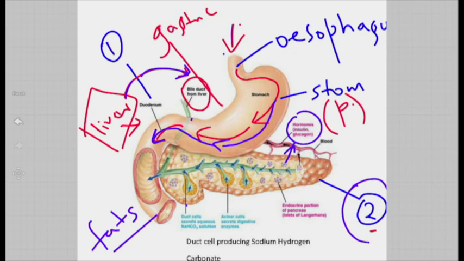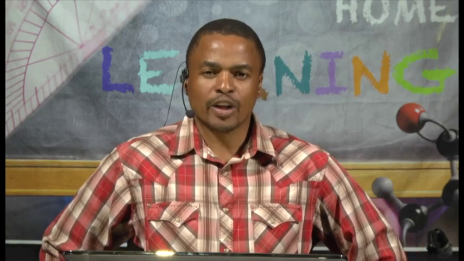If those acids land in the duodenum, they will make that environment acidic, and that's not conducive for the activity of all the other enzymes. Thus, the pancreas produces the sodium hydrogen carbonate and leads it to the duodenum, which will neutralize the hydrochloric acid coming from the stomach, thus creating an environment conducive for all enzymes to act.